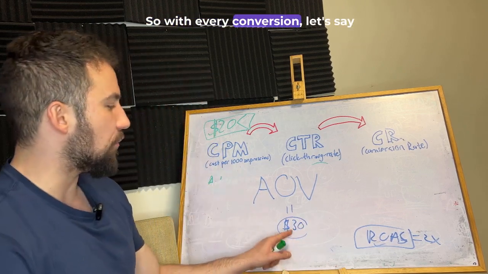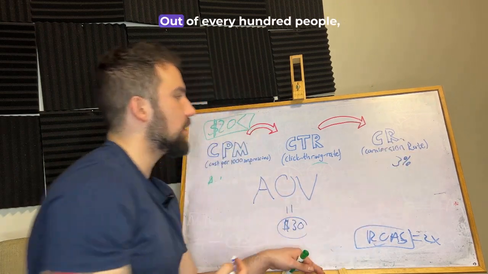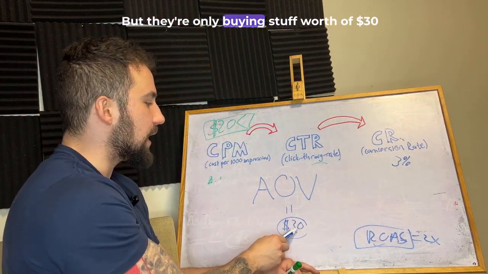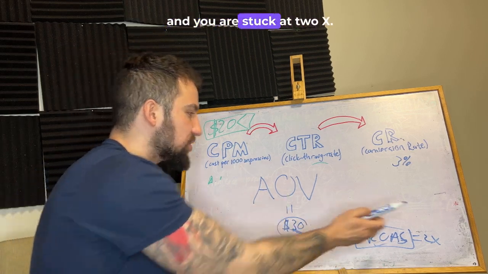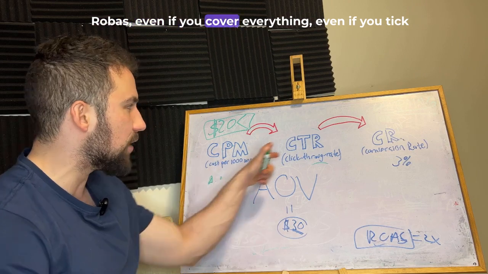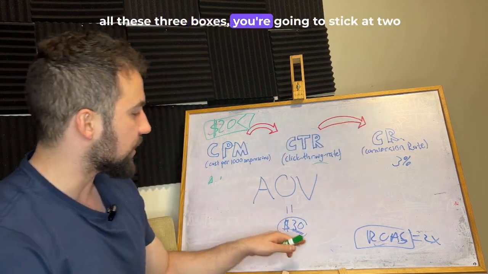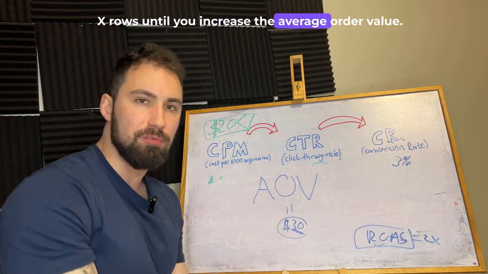Let's say you are at 3% conversion. Out of every 100 people, you're converting 3 of them, but they're only buying stuff worth 30 bucks. And you are stuck at 2x ROAS. Even if you cover everything, even if you tick all these 3 boxes, you're going to be stuck at 2x ROAS until you increase the average order value.